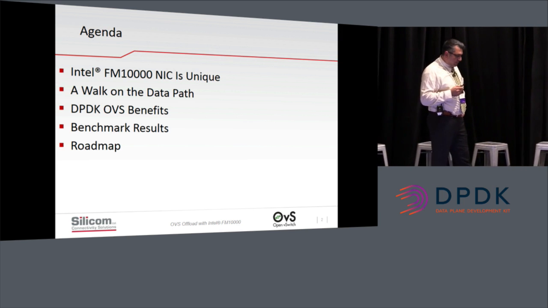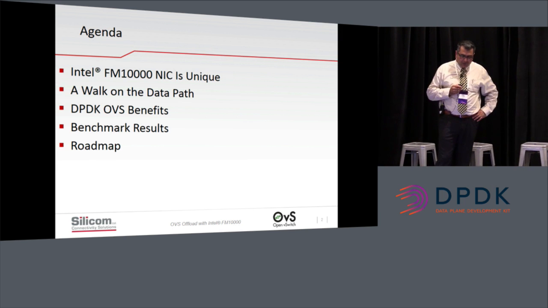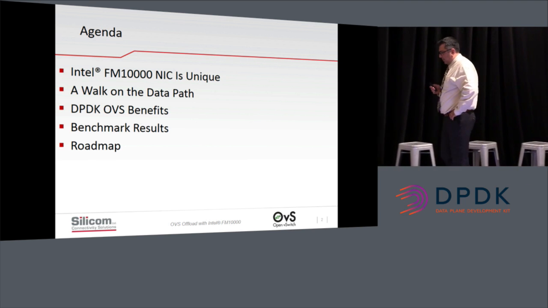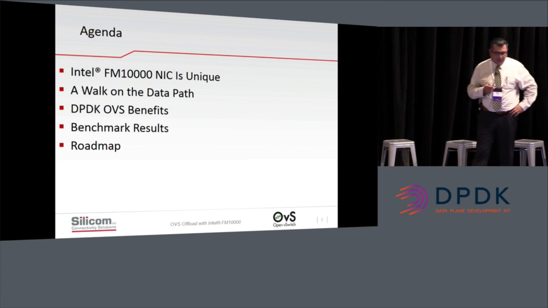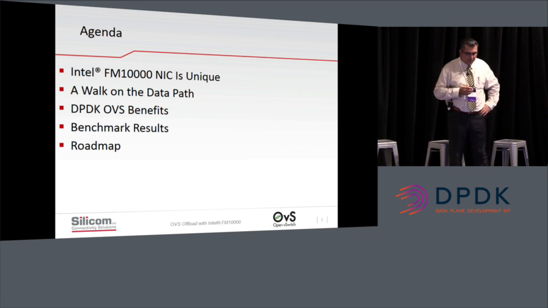So offloading the data path onto the hardware would not hamper other features that are important for virtualization or for cloud at large.